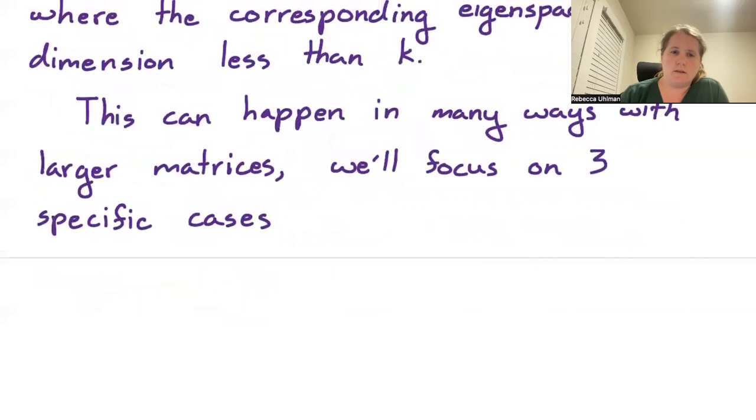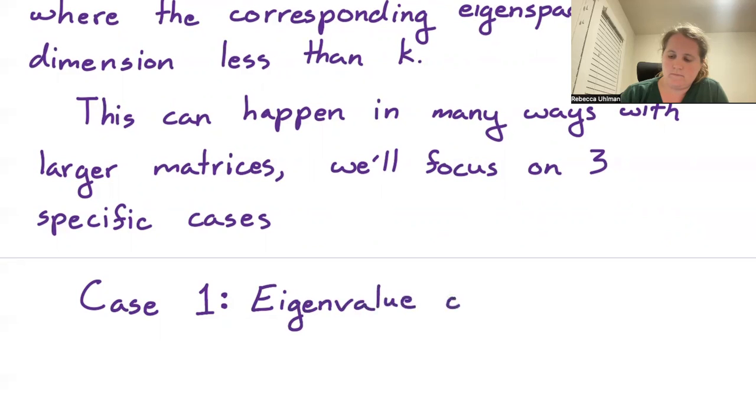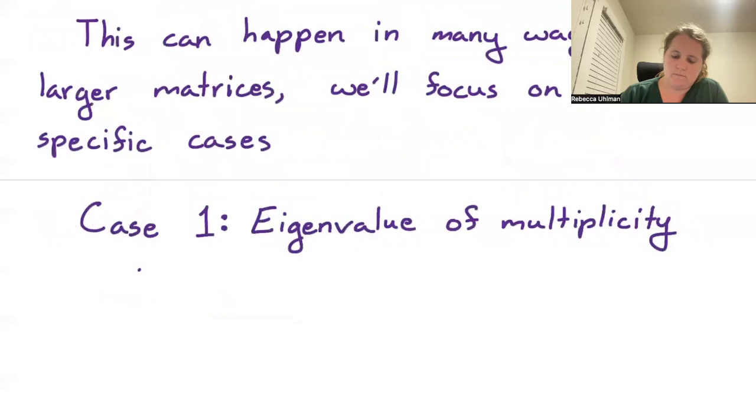So case one, we'll be looking at an eigenvalue of multiplicity 2 with eigenspace dimension 1.